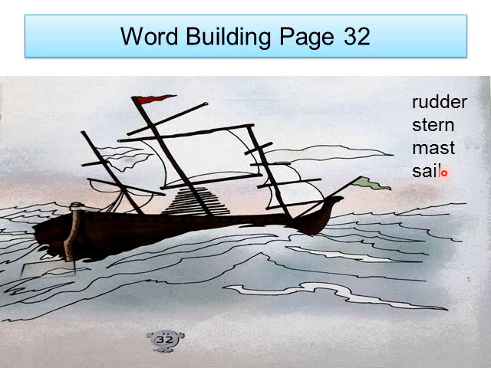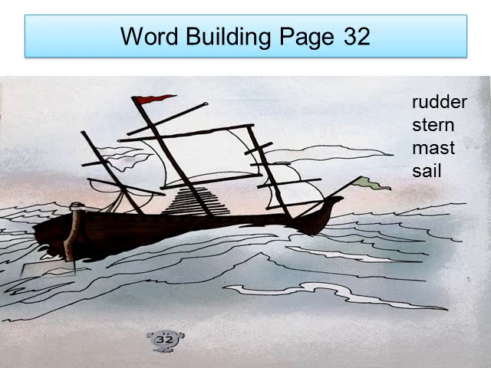So you have to write which part of the boat refers to sail, mast, stern and rudder, right? Take some time, guess and then try to label the parts.